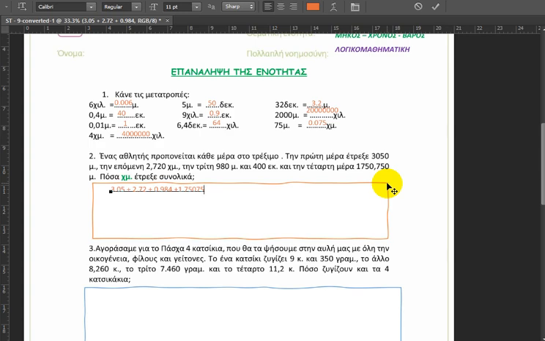And we need to add all of this vertically. So let's see what we would get.